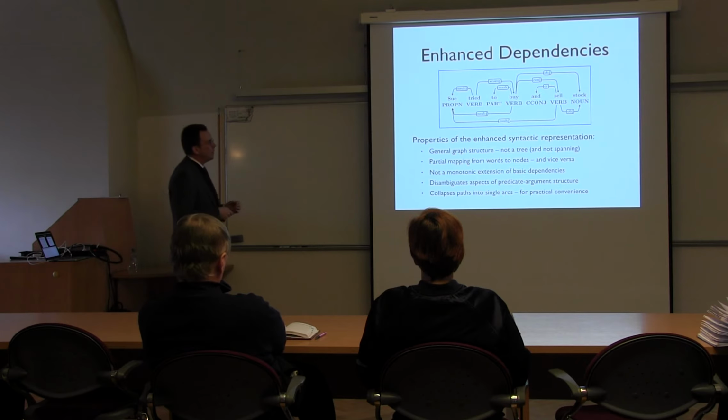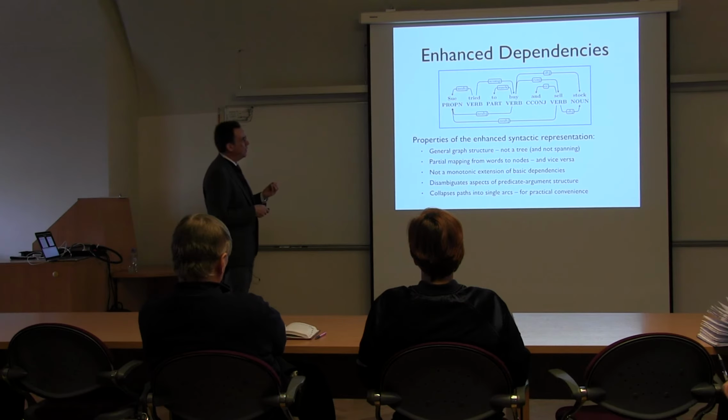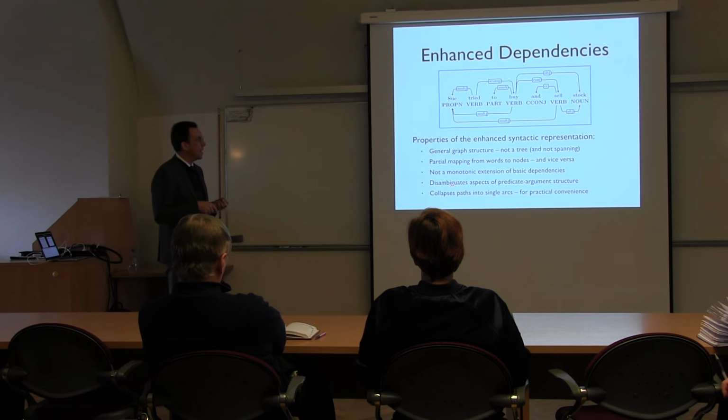And one idea is that it should disambiguate aspects of predicate-argument structure. So in the enhanced representation of Sue tried to buy and sell stock, there is an object relation from buy to stock, but there's also an object relation from sell to stock. Similarly, there are explicit subject relations from buy and sell to Sue.